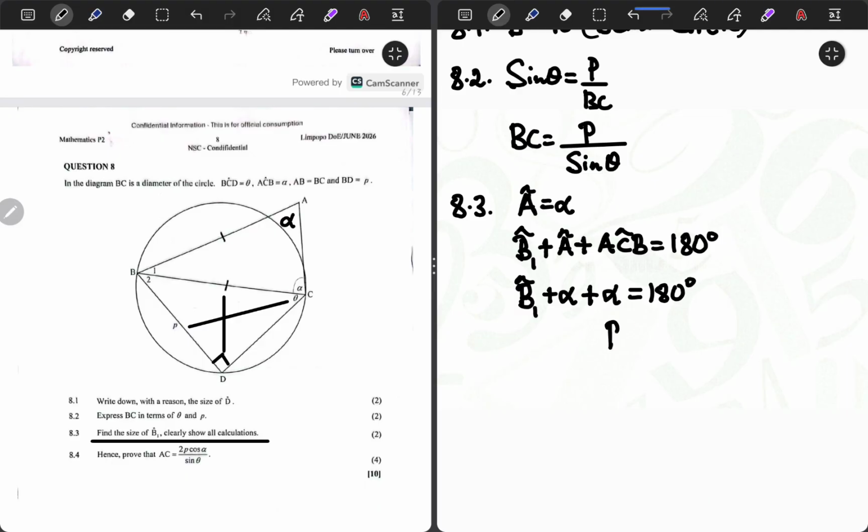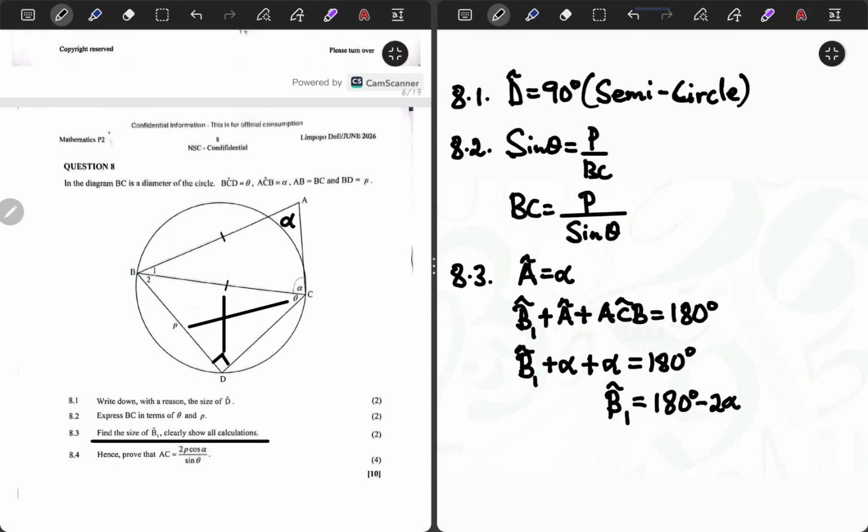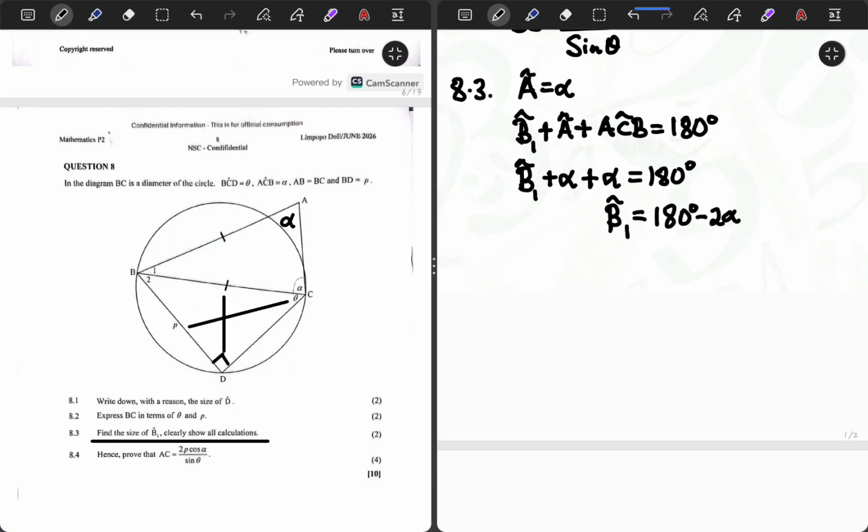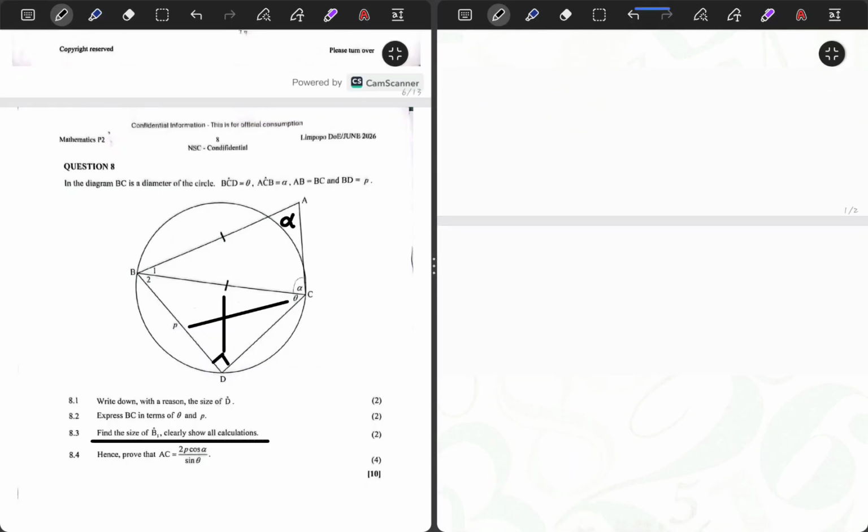And at last, B1 will be 180 minus 2 alpha.